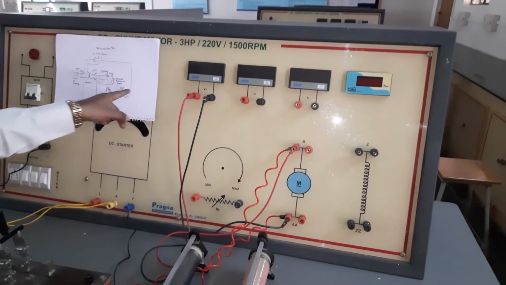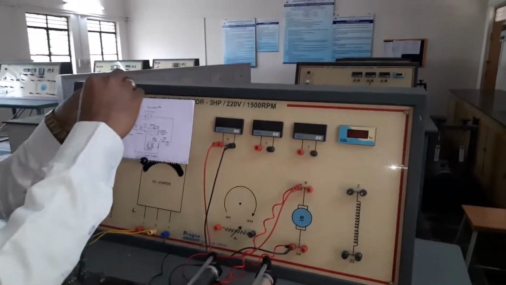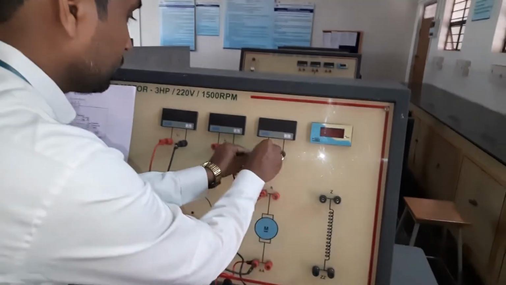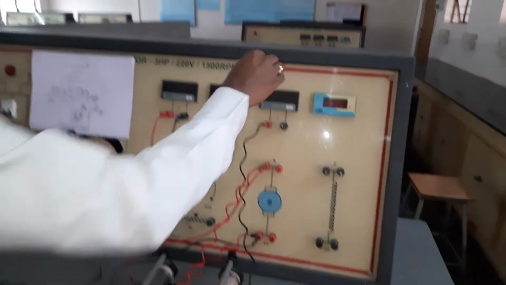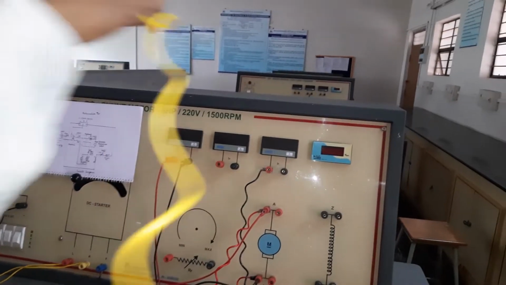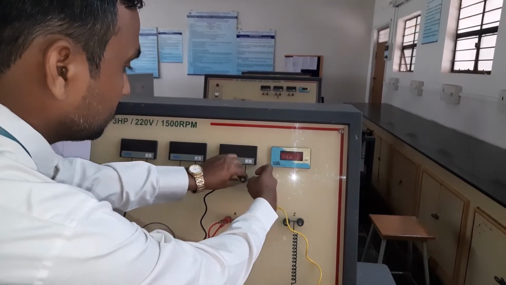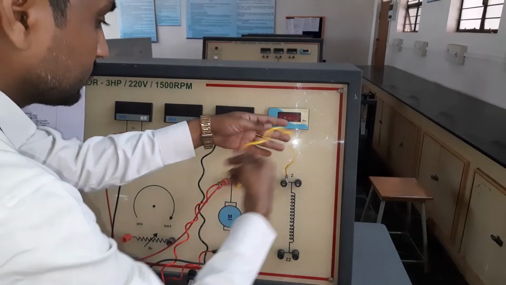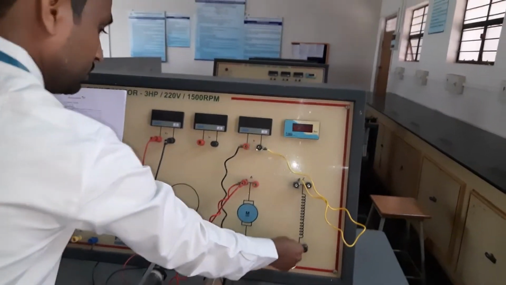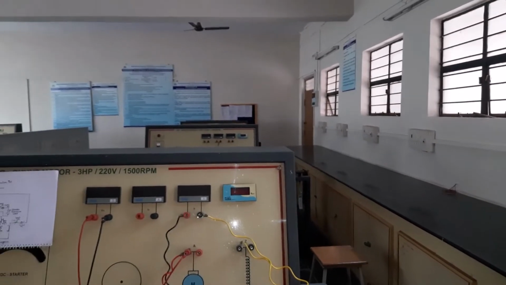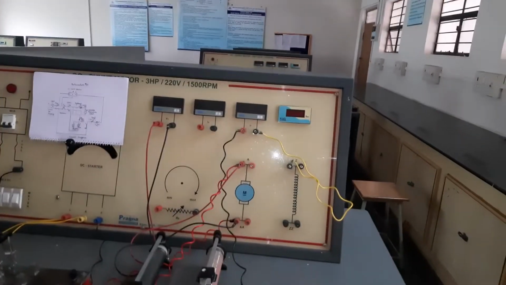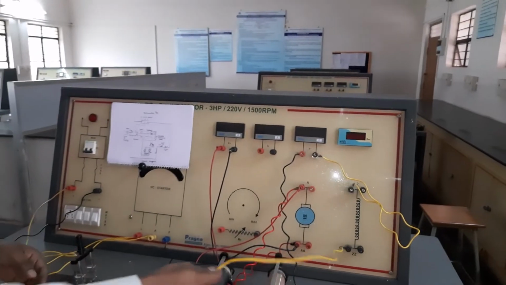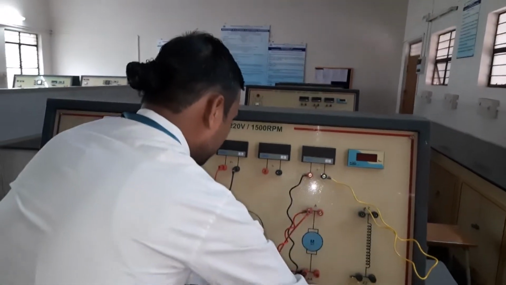You can connect to the rheostat first, then connect the ammeter. The rheostat second point goes to the IF, and from IF we connect the Z terminal of the shunt field winding, and the second point goes back to the negative terminal of the supply.